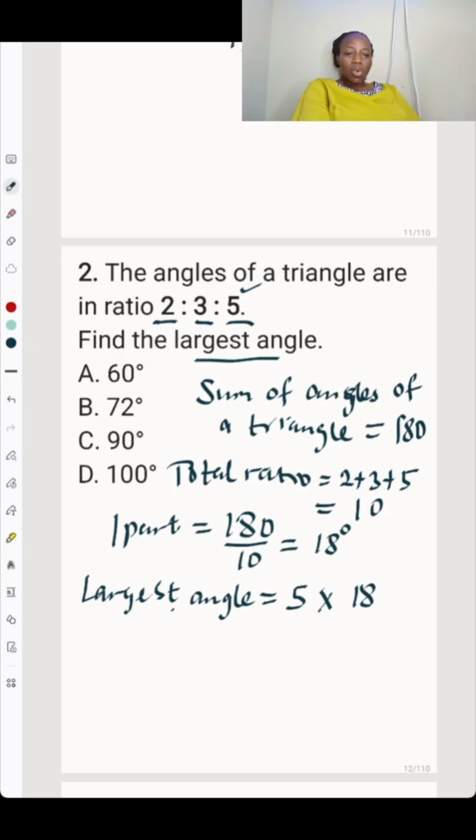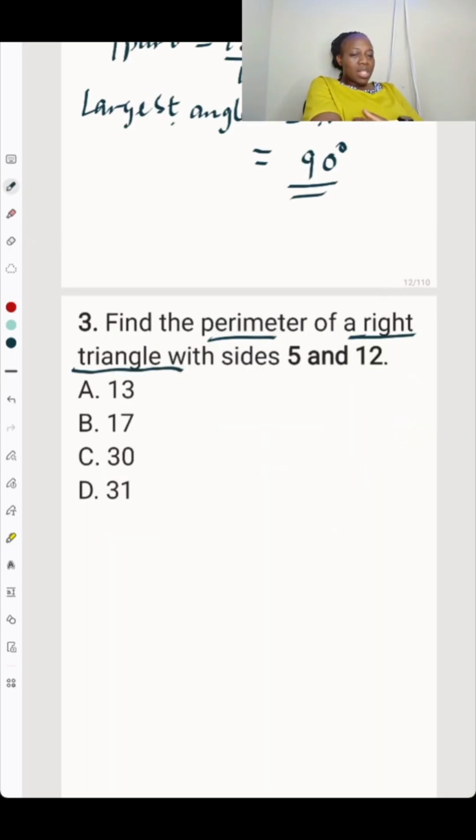So 5 times 8 is 40. Let's keep 4. 5 times 1 is 5, plus 4 that we kept, that's 9, so 90. 90 degrees. That's C.